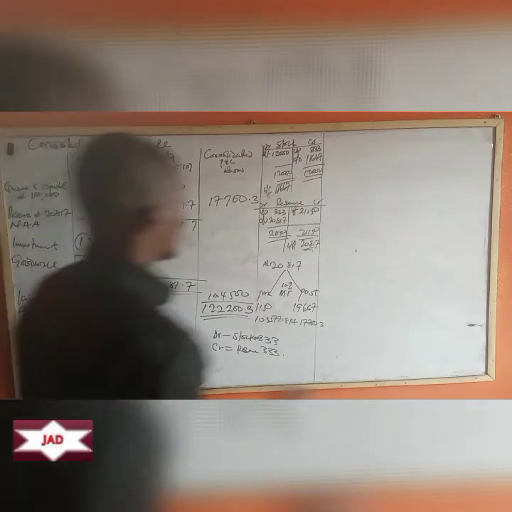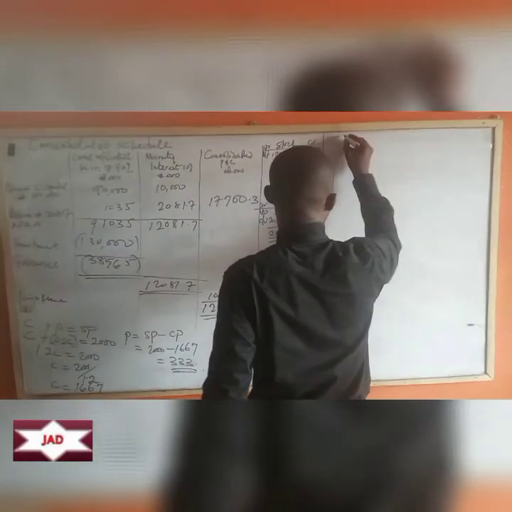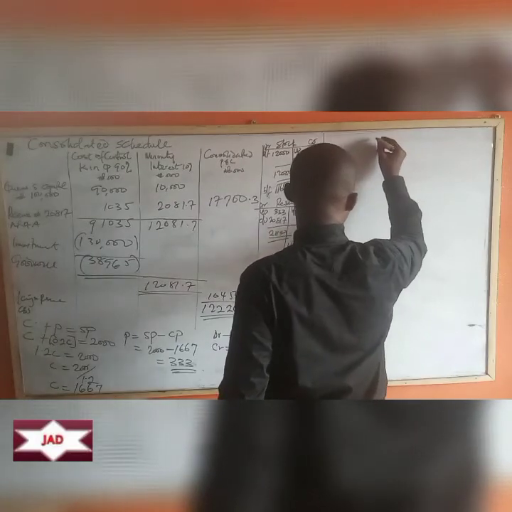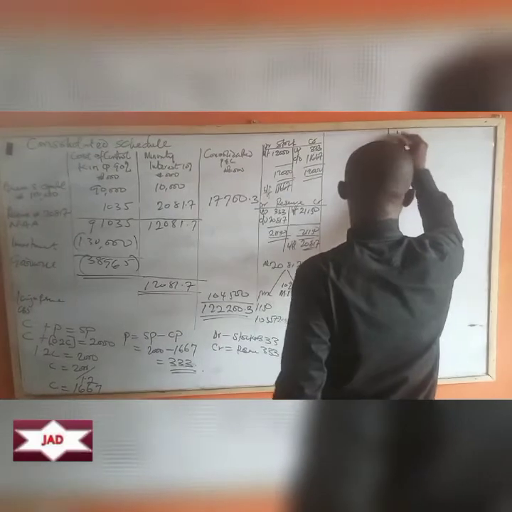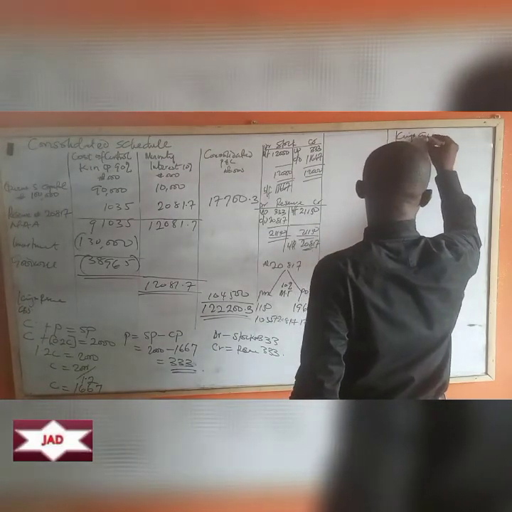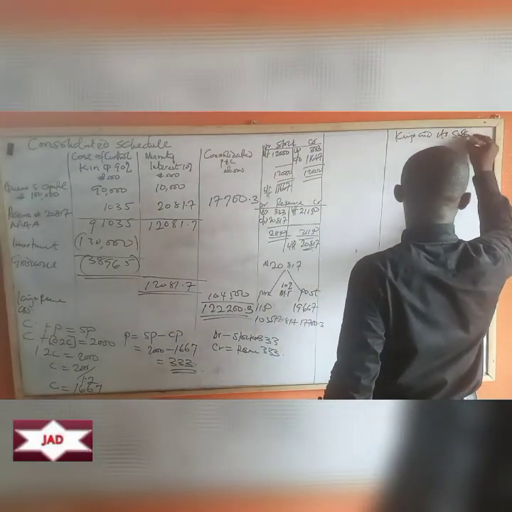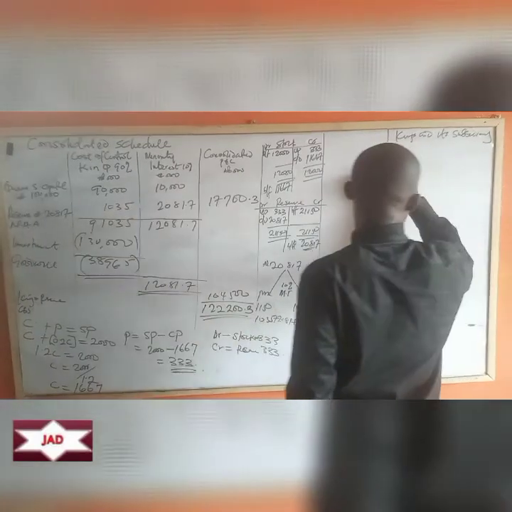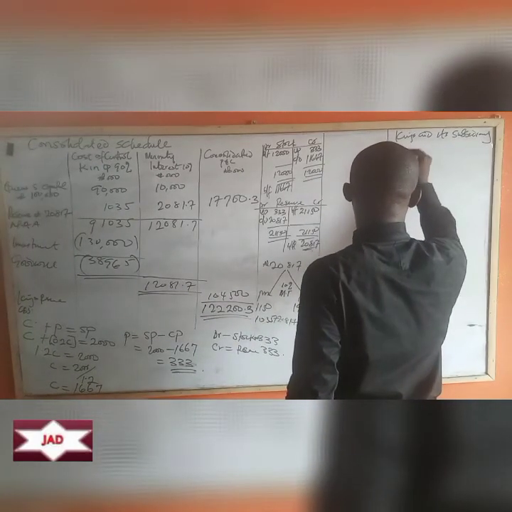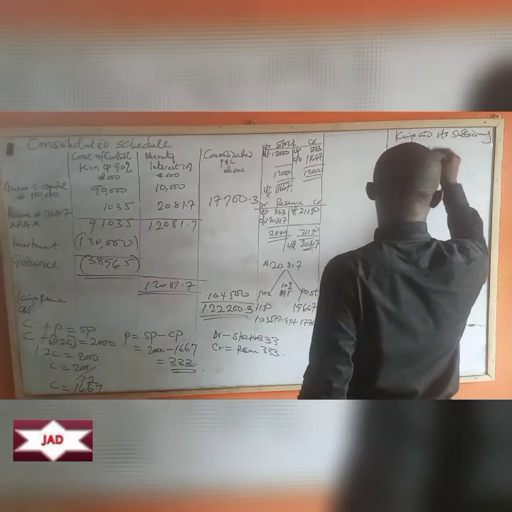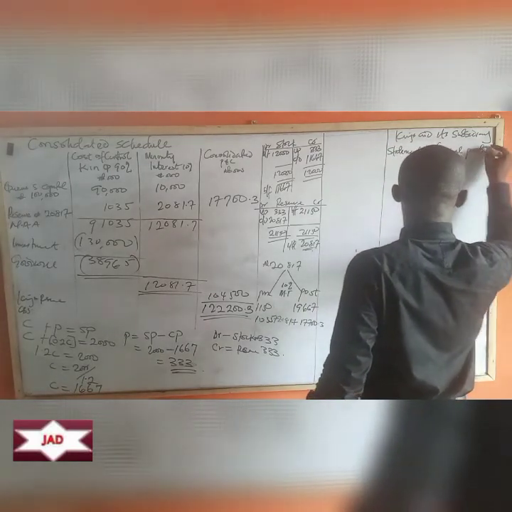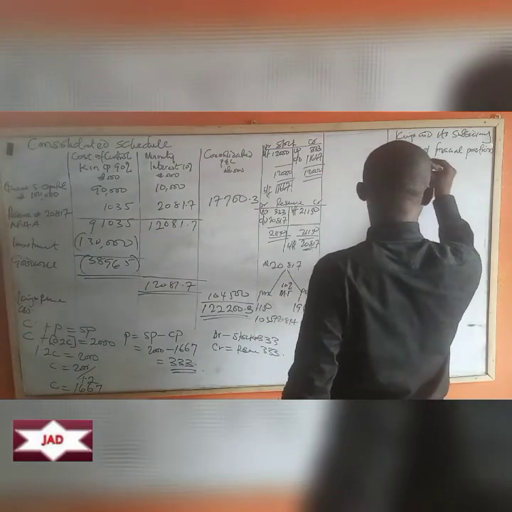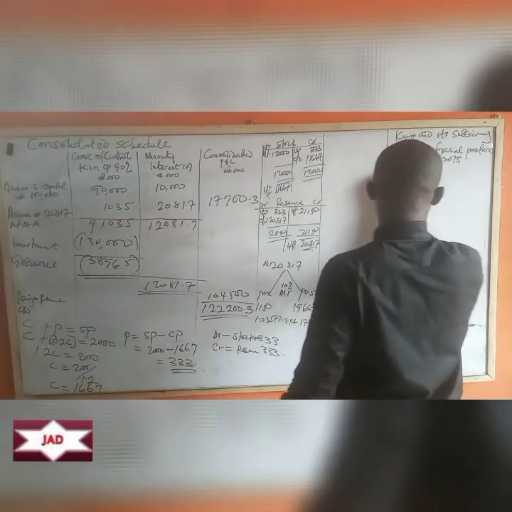So let's prepare. Say now, what do we say? We say King's and its what? Subsidiary. So we say statement of financial position as at 31st December 2018.